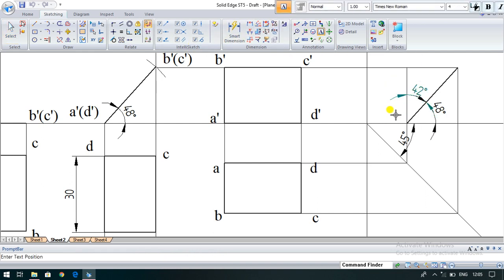And give the namings for these points: A double dash, and the D point is the invisible point, expressed in brackets, and another point B dash is visible, so express B double dash in the bracket, C double dash.